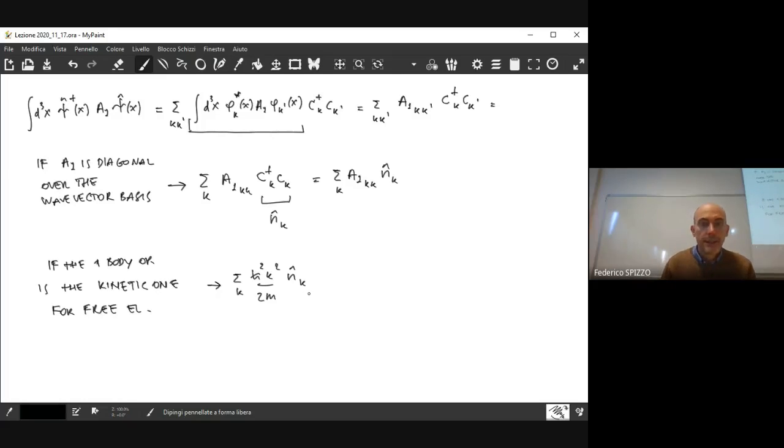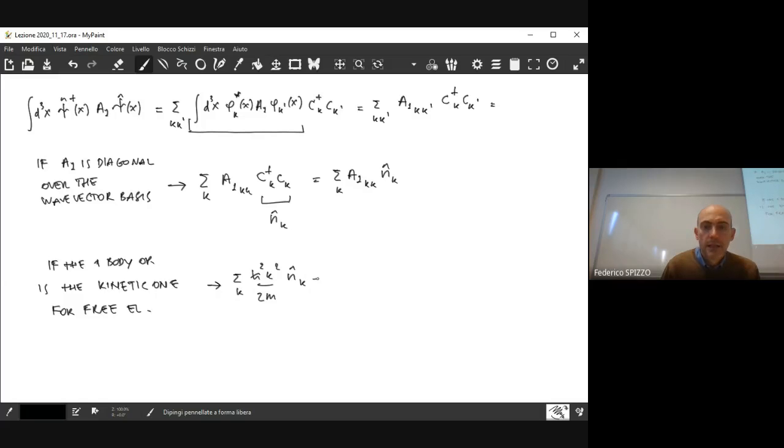And as you see here, this represents the total kinetic energy of the system, because at the end, we just sum up over all the possible levels that can be occupied or unoccupied depending on the expectation value of n k.